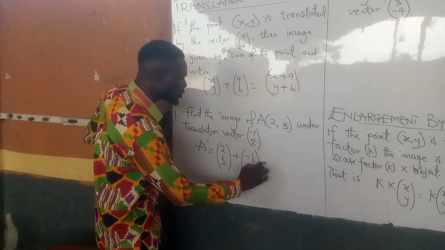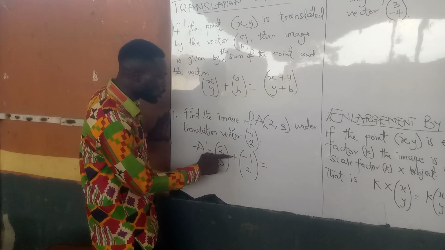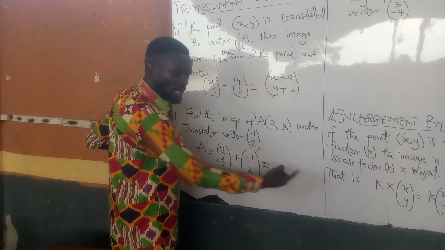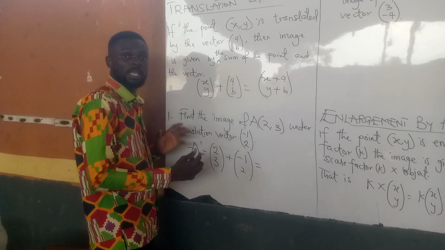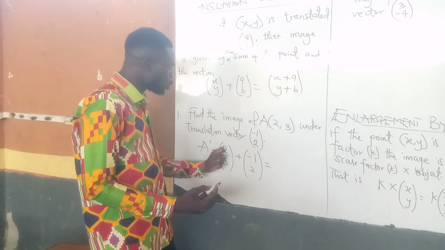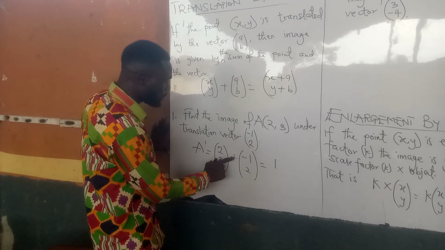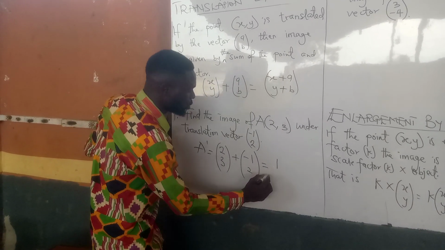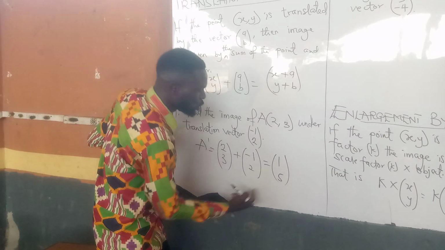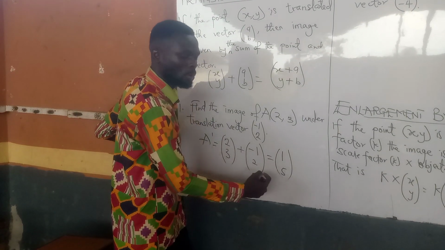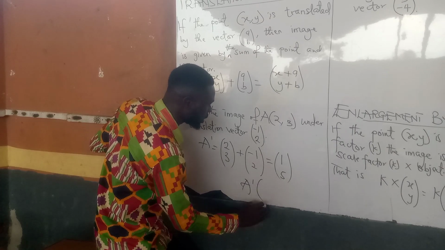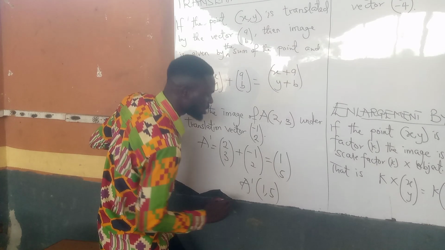So putting this together is going to give me 2 plus -1. When negative and positive meet, it becomes negative. So 2 minus 1 is 1. Then I have 3 plus 2, which is 5. So this, that is in vector form, you just write it in coordinate or point form.